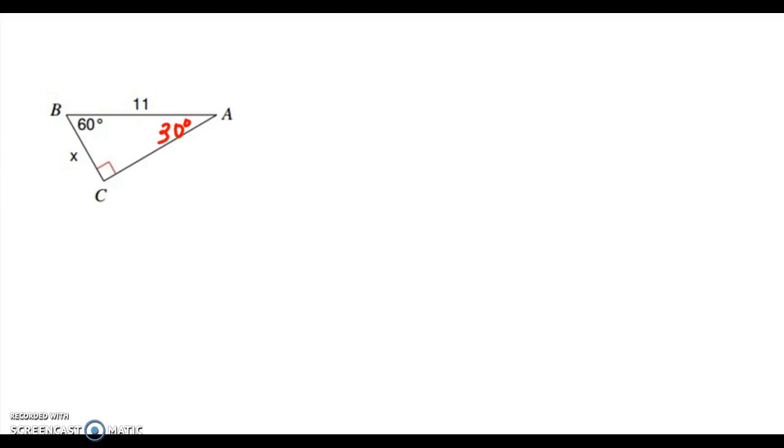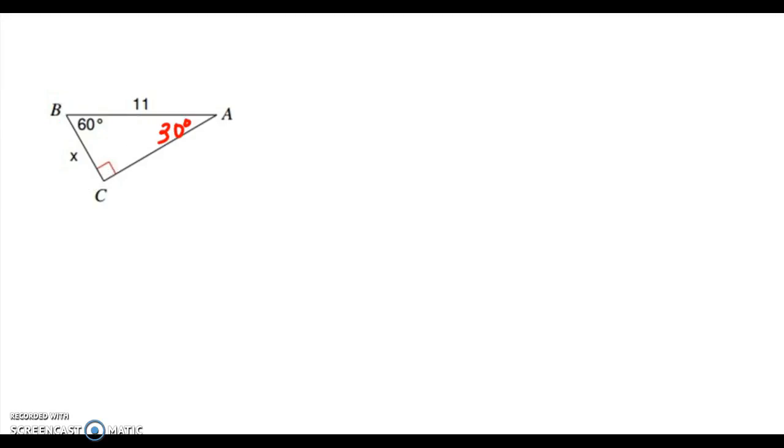Obviously, we cannot do the Pythagorean theorem here because we're only given one side length. Now, since it's a 30, 60, 90, we can use special triangles. So we can go from the hypotenuse to the short leg and work our way around. That's fine. We can do that, but I think trig can sometimes be easier because I know special triangles were a more difficult unit.